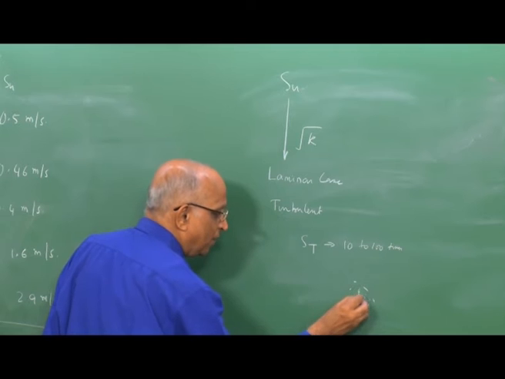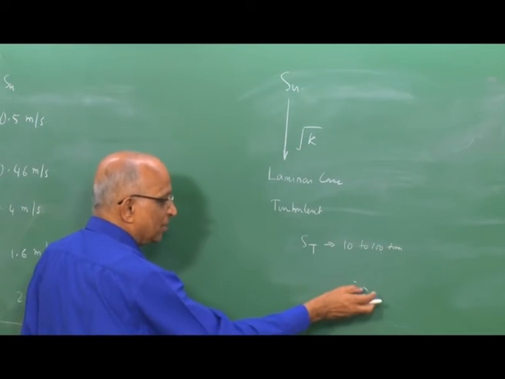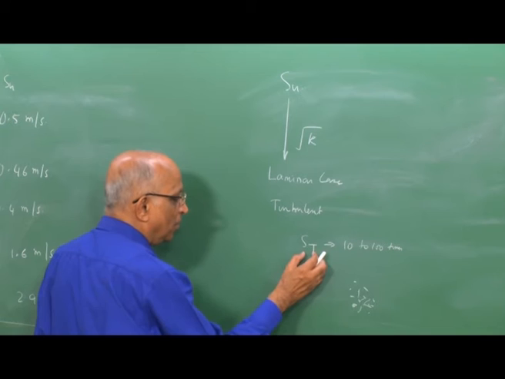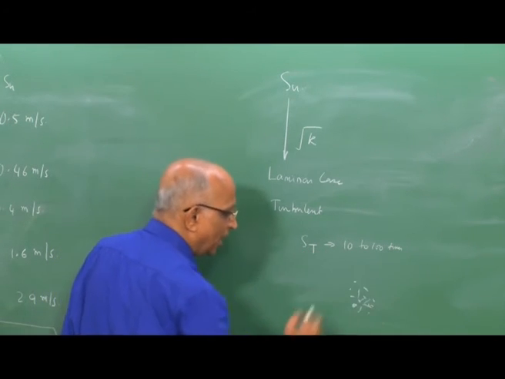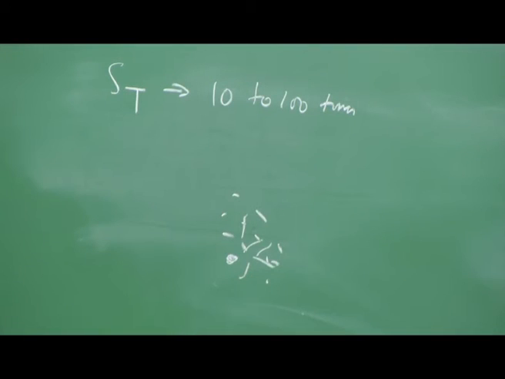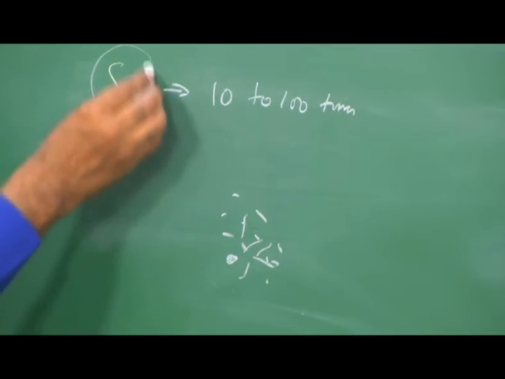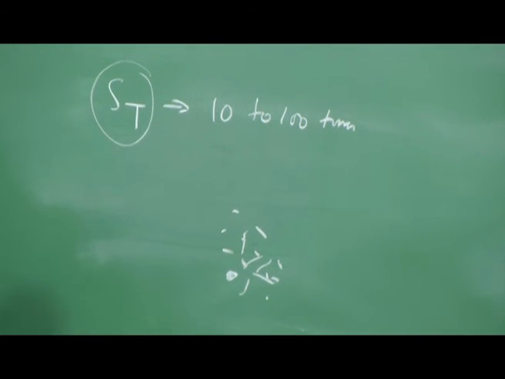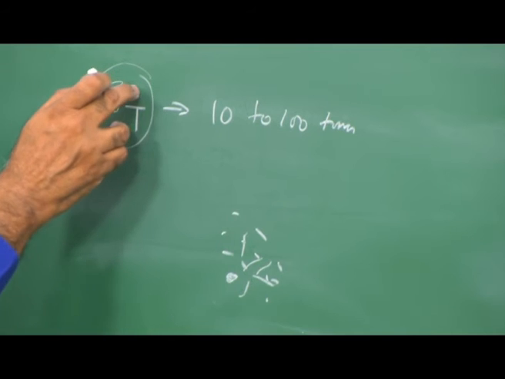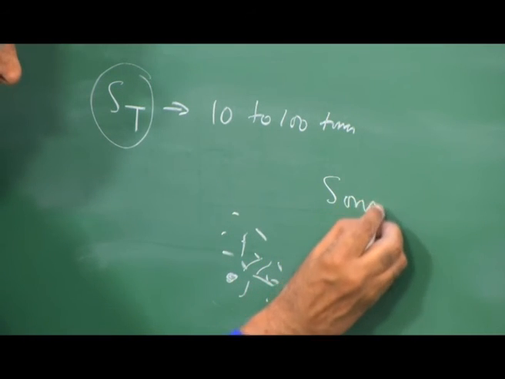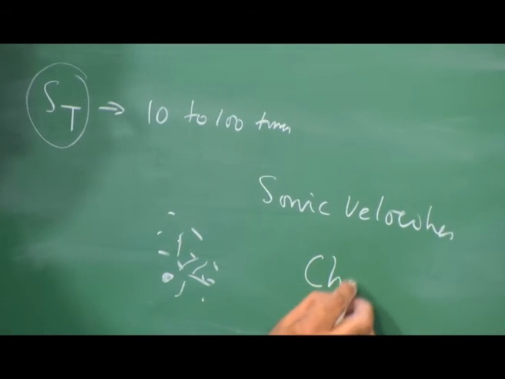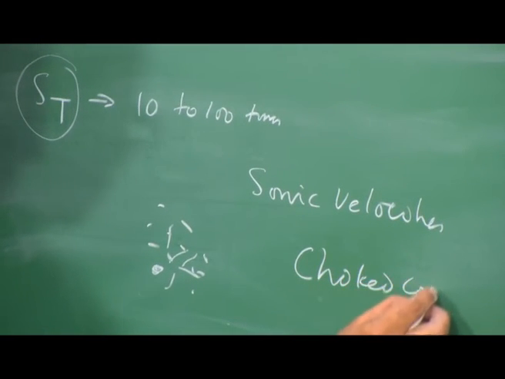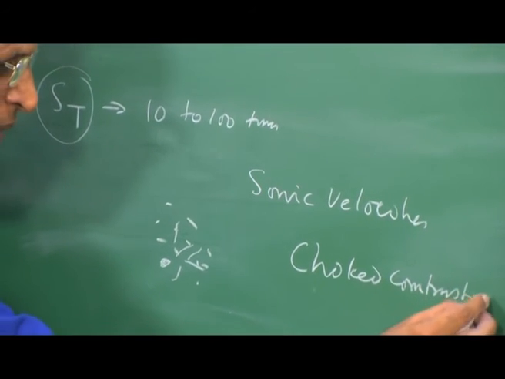The transport by diffusion of the concentrations is very much higher, with the result that the turbulent burning velocities are very much higher. In fact, maybe towards the end of the course, another 5 or 6 classes from now, we will see that we can have turbulent velocities which can reach something like the sonic velocities, which we will sometimes refer to as choked burning, choked combustion, because sonic corresponds to choking.